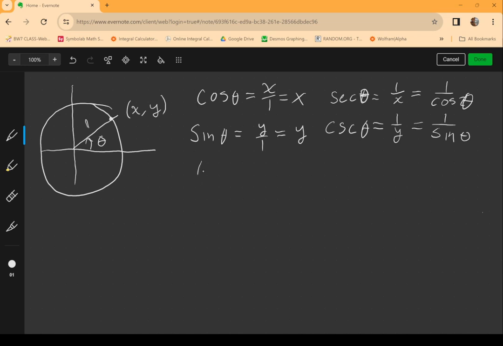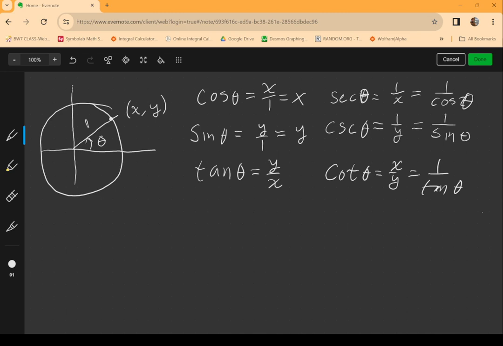And the tangent of theta, which was the opposite over the adjacent. Now, its reciprocal function, the cotangent of theta, is x over y, or 1 over the tangent of theta.